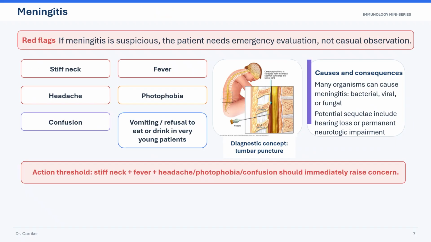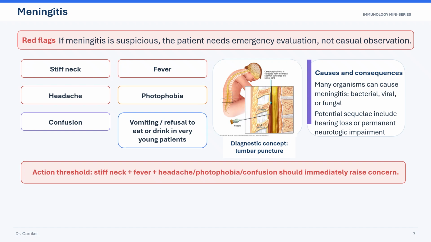This slide right off the bat is all about red flags. Stiff neck, fever, headache, photophobia or sensitivity to light, confusion. These should all immediately get your attention. In very young children, the refusal to eat or drink and vomiting may also be some clues. So this is not a wait and see diagnosis.